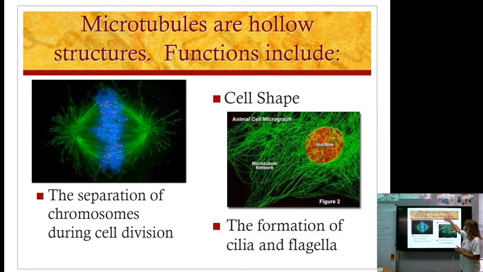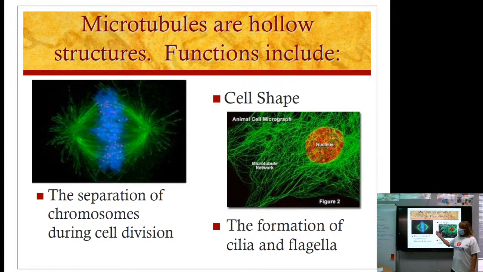Okay, so microtubules. We will be talking more about microtubules when we are doing cell division, when we talk about mitosis. These microtubules, the most important thing that you need to know about them is that they help separate the chromosomes during cell division.